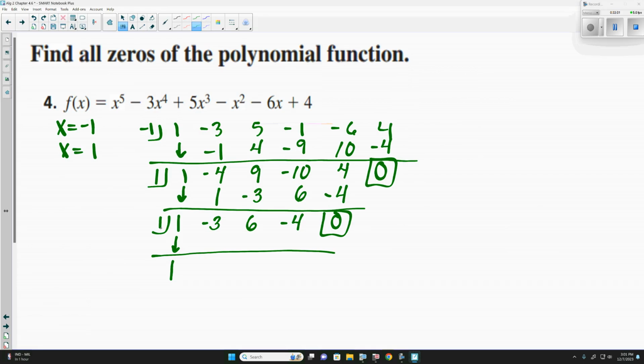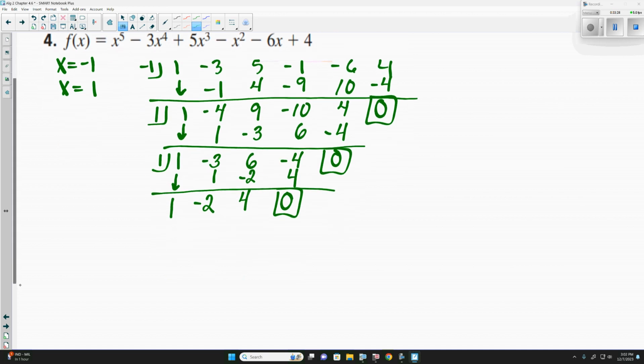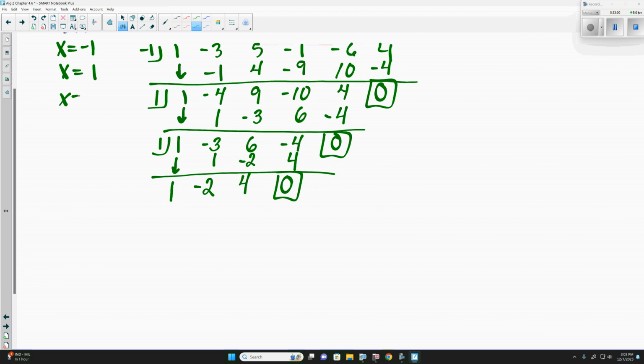So we can try 1 again. 1 times 1 is 1. -3 plus 1 is -2. 1 times -2 is -2. 6 plus -2 is 4, and 1 times 4 is 4. -4 plus 4 is 0. So we actually do have 1 repeated twice.